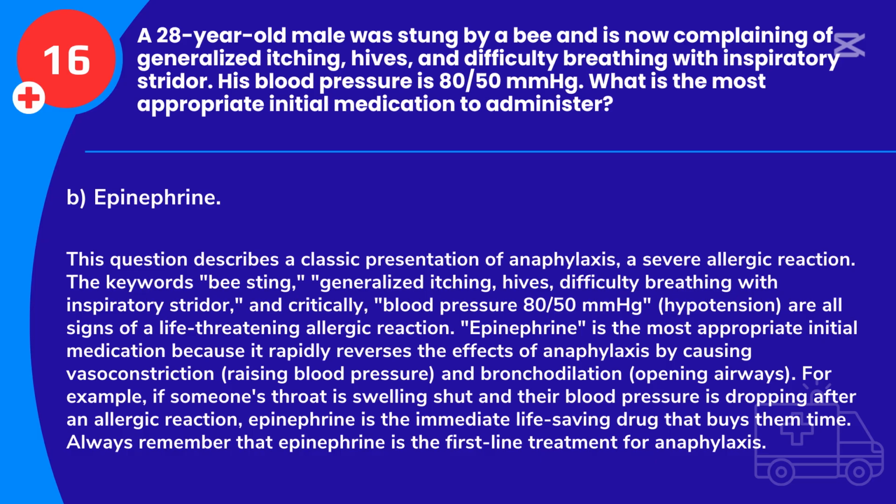Epinephrine is the most appropriate initial medication because it rapidly reverses the effects of anaphylaxis by causing vasoconstriction, raising blood pressure, and bronchodilation, opening airways. For example, if someone's throat is swelling shut and their blood pressure is dropping after an allergic reaction, epinephrine is the immediate life-saving drug that buys them time. Always remember that epinephrine is the first-line treatment for anaphylaxis.